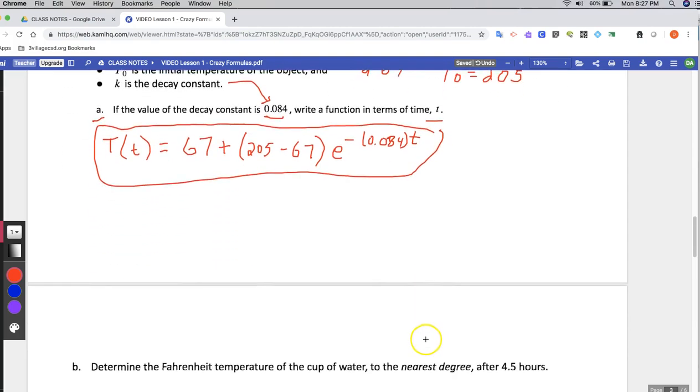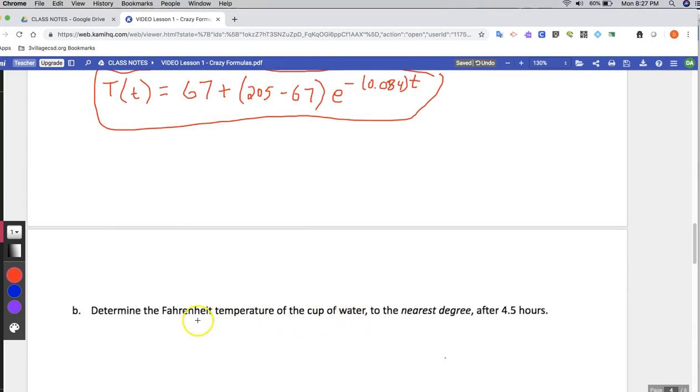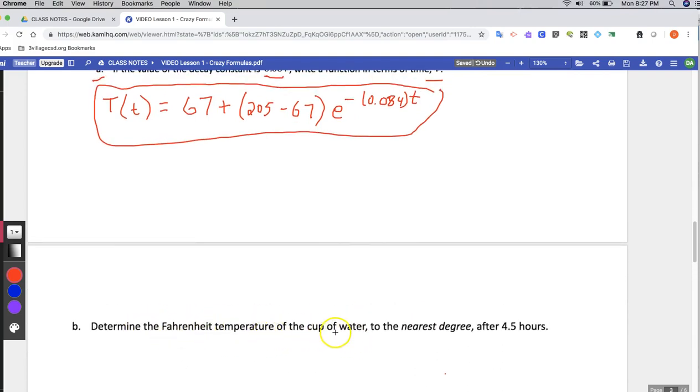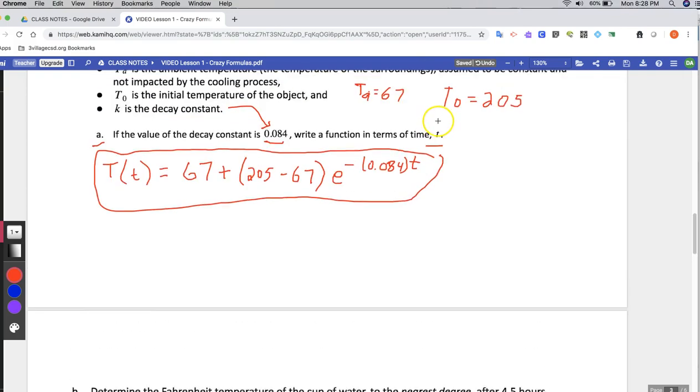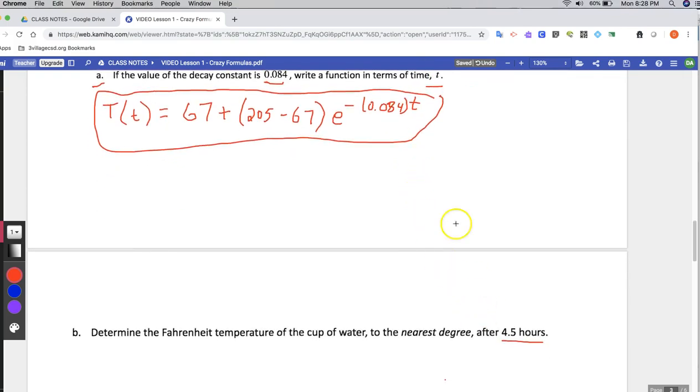Now for part B, basically we're asked to determine what the Fahrenheit temperature of the cup of water would be to the nearest degree after 4.5 hours. So we basically can use our answer from part A, and now because t represents our time, we can plug 4.5 in for that little t to get our answer.